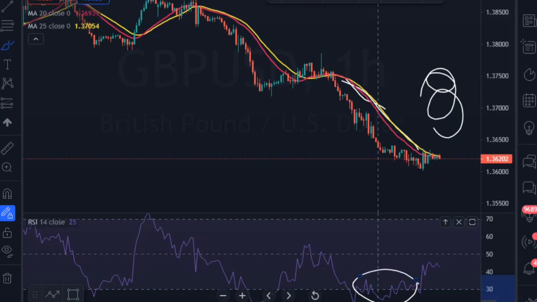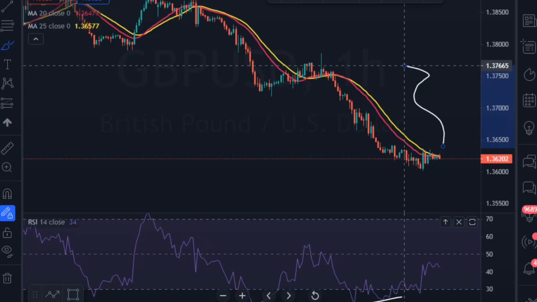But as long as price is not above this moving average, we are taking the RSI signals to be incorrect. So as long as we don't find that price is above the moving average and the RSI is at the 30 mark, the oversold mark, we are not going to buy. We are going to hold our trade till we see price going above the moving average.